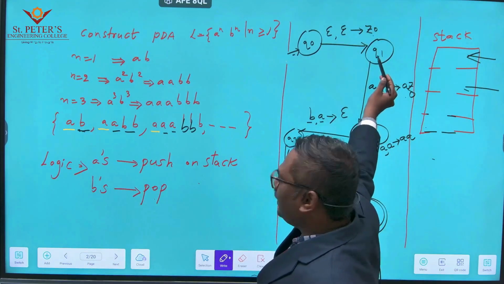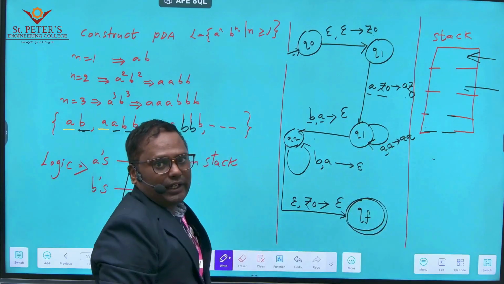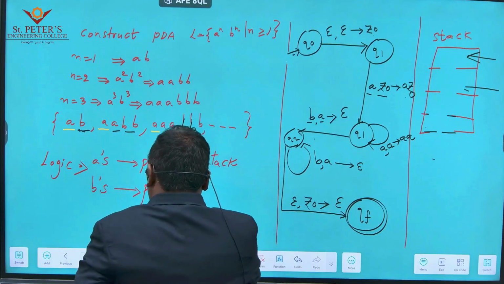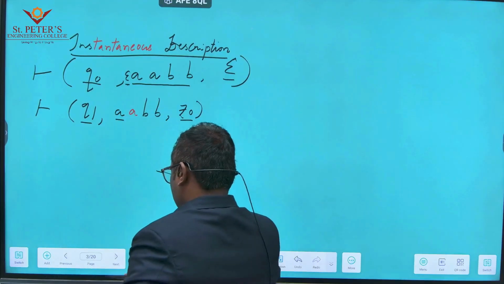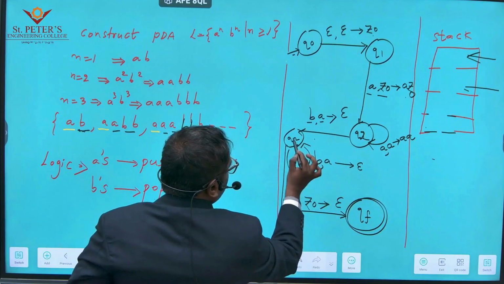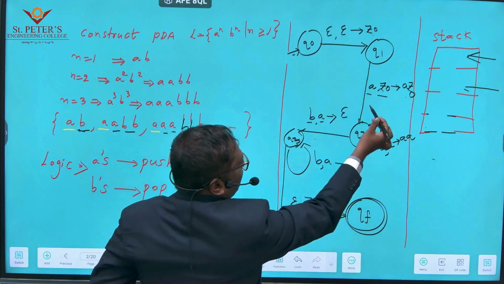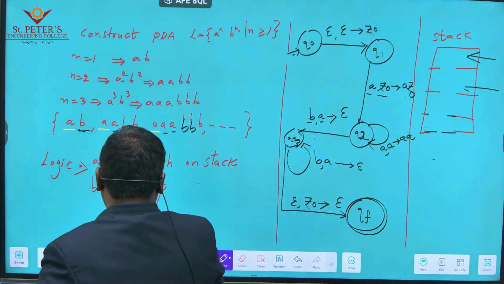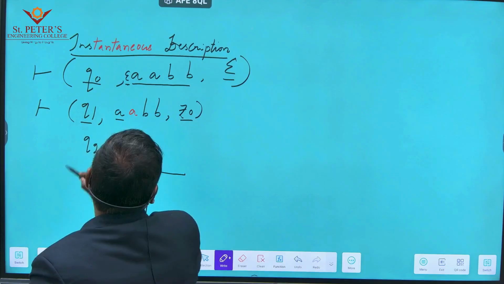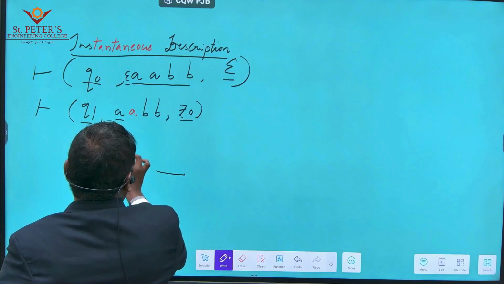On Q1, A is the input and Z0 is the top of stack value. This is Q2, this is Q3 and this is Q final. On Q1 with A, you are directed to the Q2 state. So here I am directed to the Q2 state. Now the remaining input is ABB.